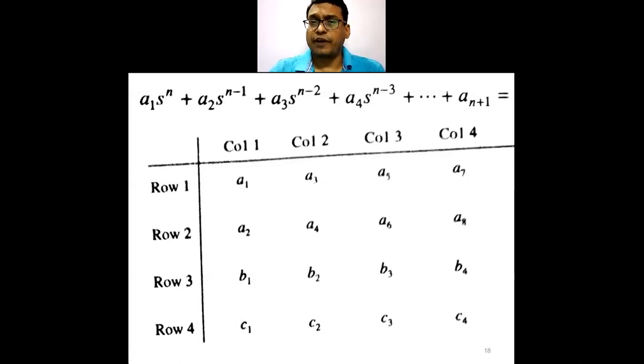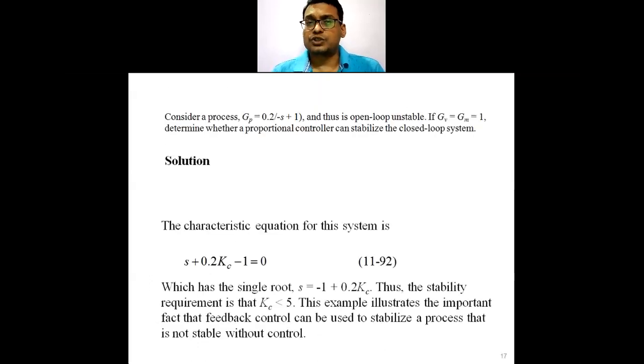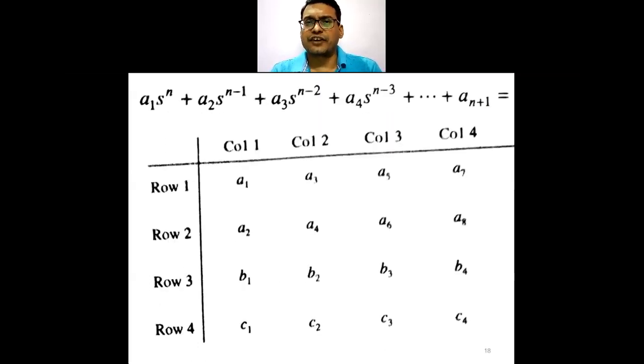So this is the way one has to develop the Routh array. The first step is to develop the characteristic equation. The characteristic equation is nothing but 1 plus the open loop transfer function.